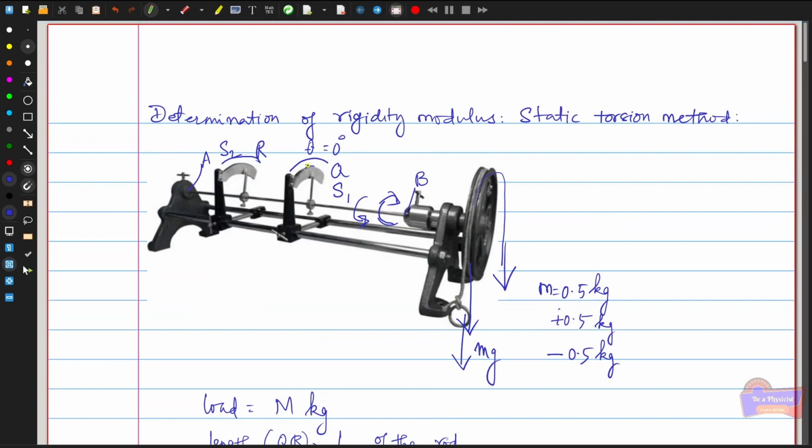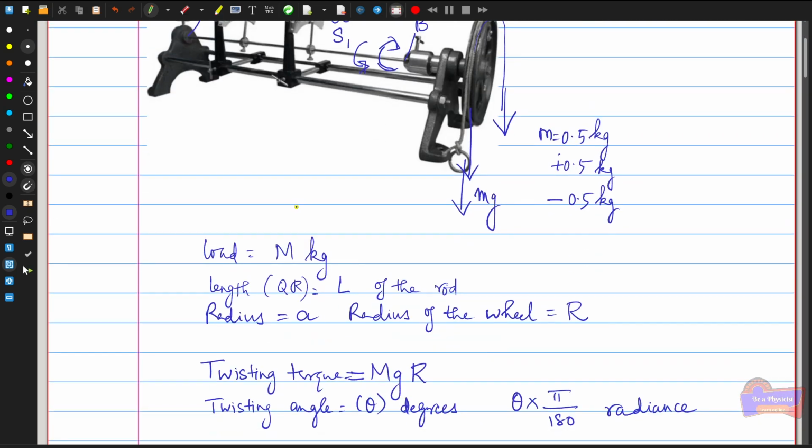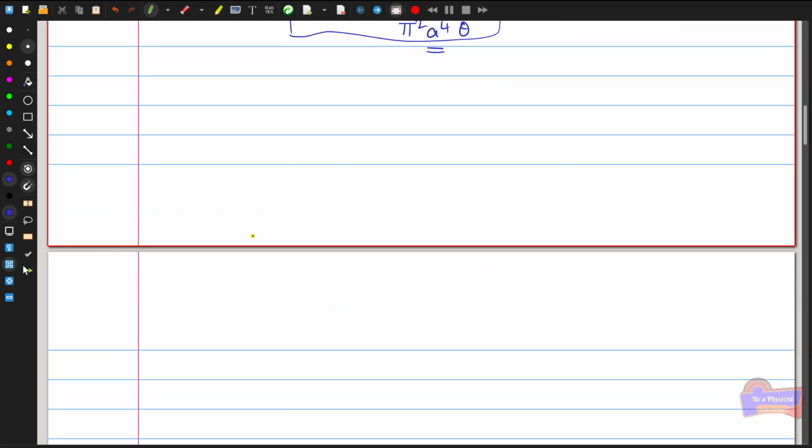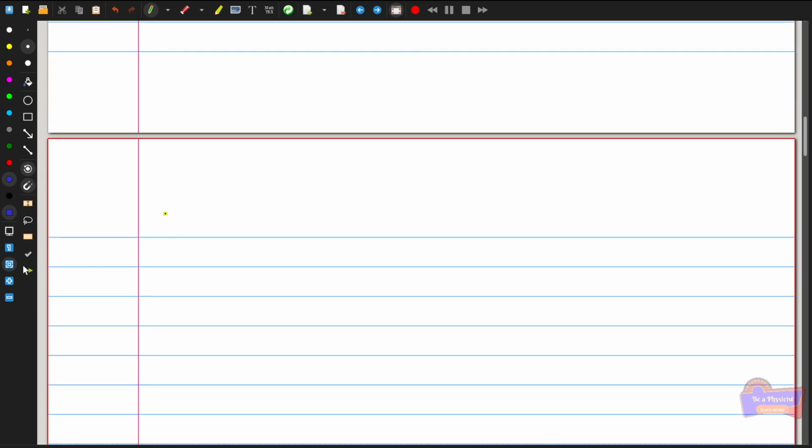Instead of using these two different angle scales, we are going to use a mirror and telescope in the apparatus. We are going to take the same apparatus model, but instead of the circular scales, we are going to add the mirror, scale and telescope.